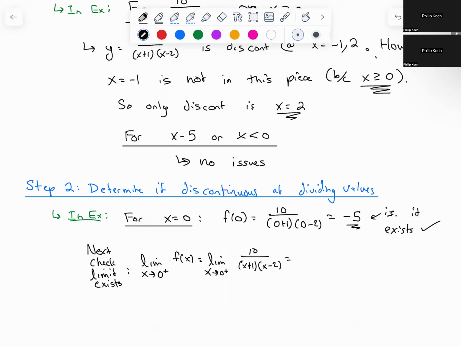And we can just plug in 0. We're not going to be dividing by 0 here. We're not going to be doing anything bad. So we can just plug it in. So that'll be 10 divided by 0 plus 1 times 0 minus 2, which would also be -5. So the right-hand limit exists.